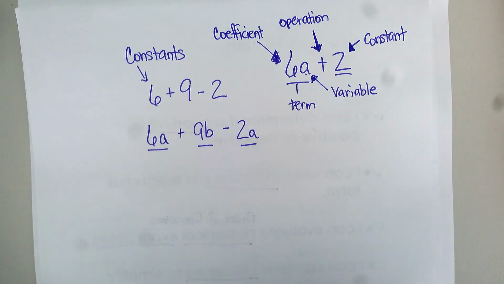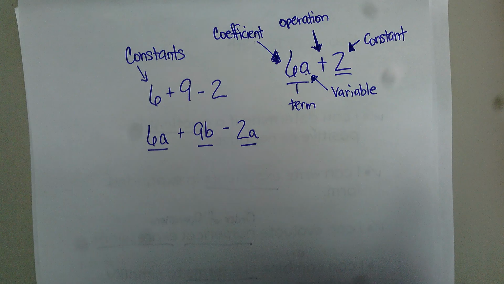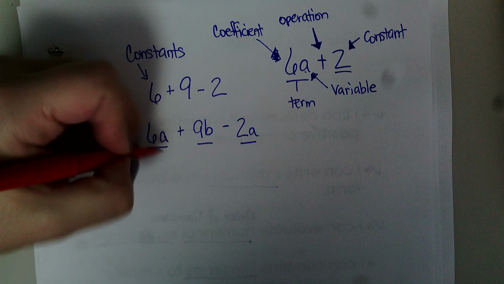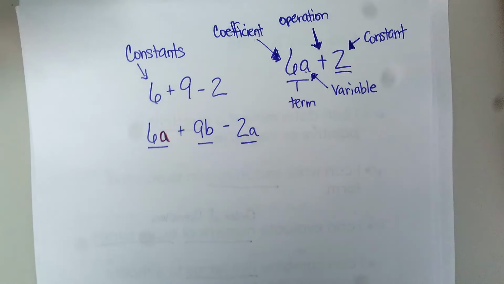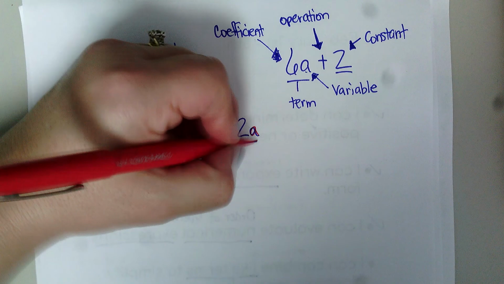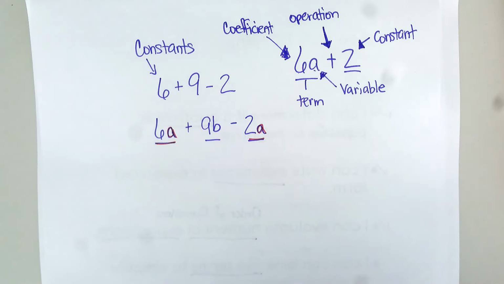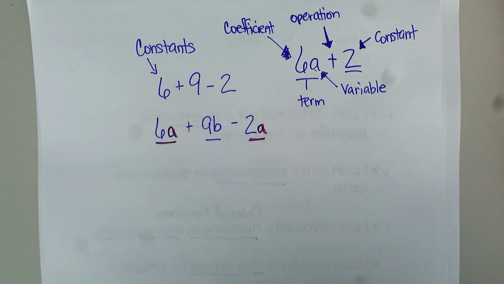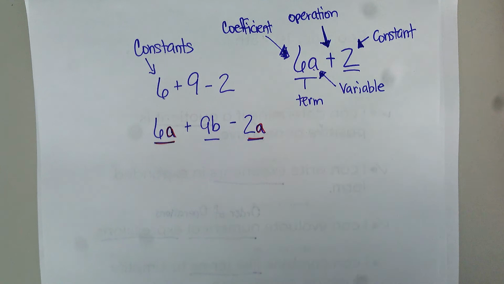But what we have to do is determine if there's any like terms inside of our expression. Well, I see an a here, and I see an a here. So these two are both like terms because they have the same variable attached. It doesn't matter about their coefficient. They have the same variable.